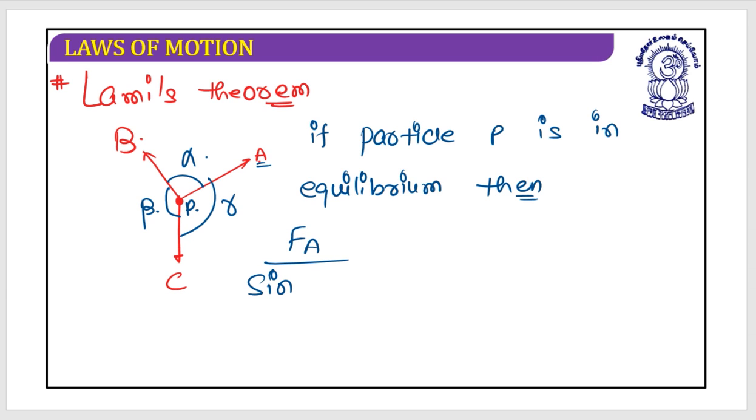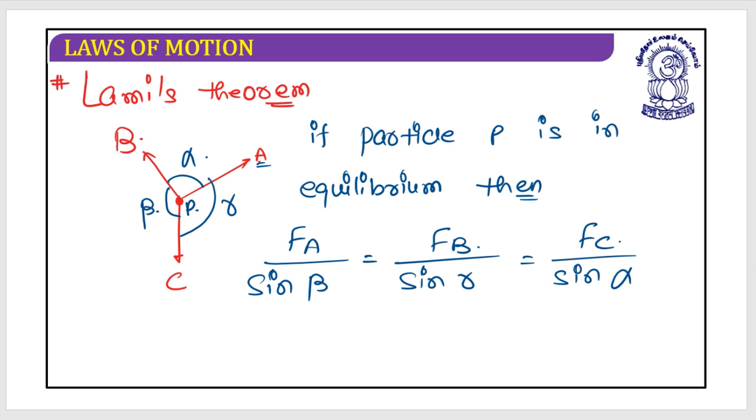So it is acted upon by these three forces, force A, force B, force C, and you know the angle between them is alpha, beta, and gamma. If particle P is in equilibrium, then we write FA divided by the sine of the angle that is not formed by A, that is beta. So FA divided by sine of beta equals FB divided by the sine of the angle not formed by B, which is gamma, and the same way FC divided by sine of alpha. I hope you can understand this.